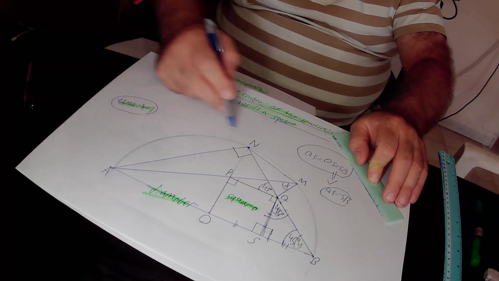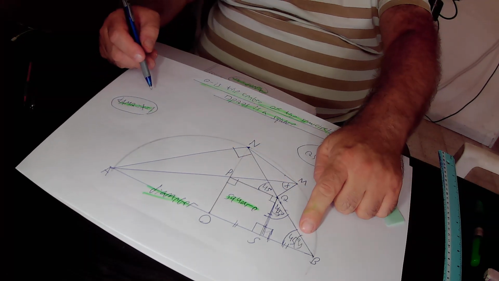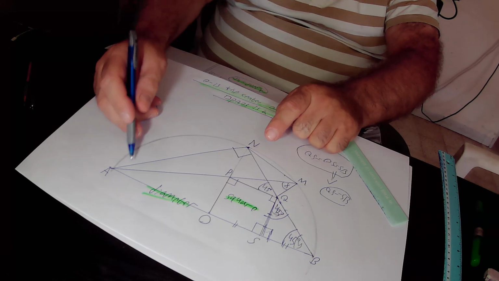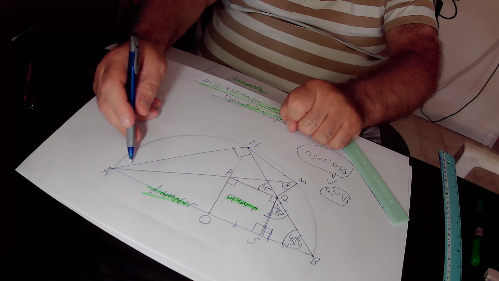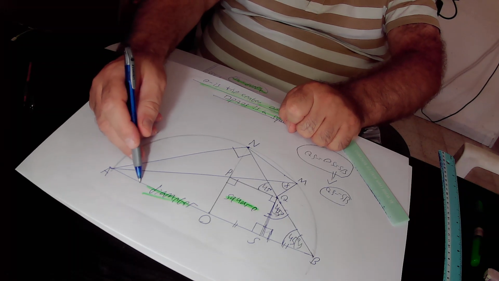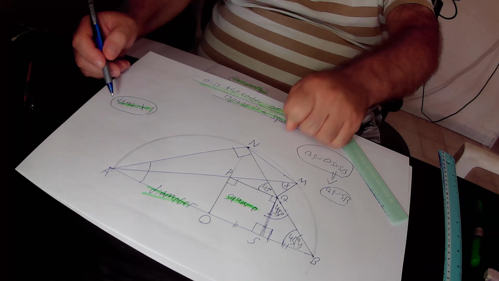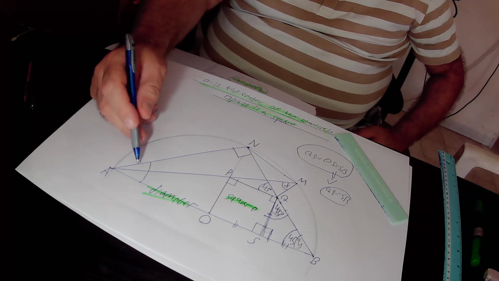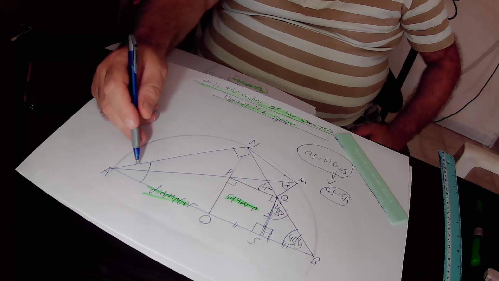So in the right triangle ANB, 45 degrees plus 90 degrees plus this missing angle, in total must be equal to 180 degrees, according to the rule that the sum of the angles in any triangle is equal to 180 degrees. Therefore, this first missing angle must be equal to 45 degrees in its size.